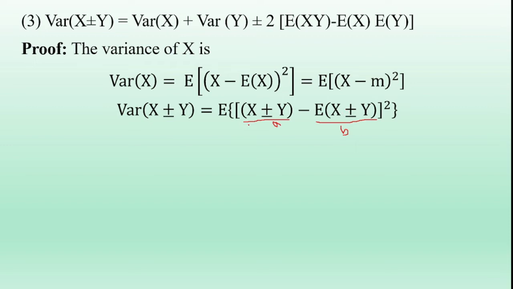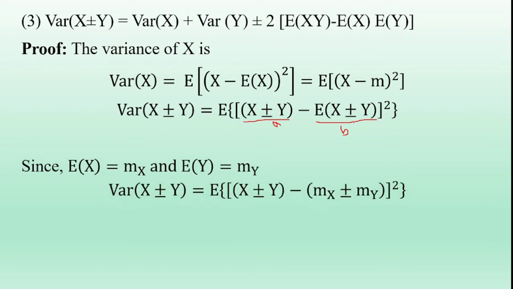Here a is x plus or minus y, and b is the expectation of x plus or minus y. The expected value of the random variable x is also denoted as m suffix x, and the expected value of the random variable y is also denoted as m suffix y.